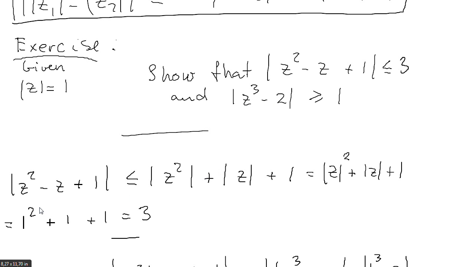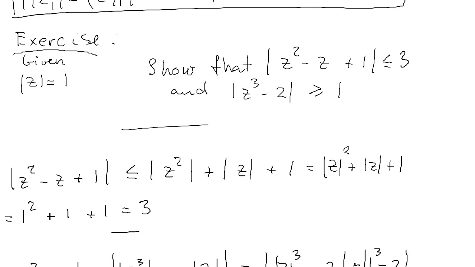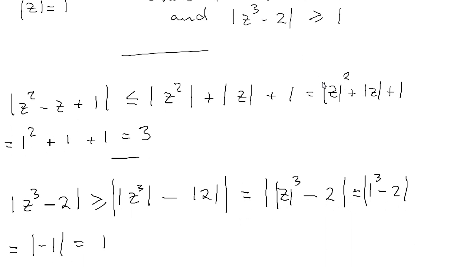Let's do it. We note that the absolute value of these three terms is always less than or equal to the sum of the absolute value of each of these terms, which we are indicating here. And the absolute value of z squared is always equal to the absolute value of z squared.